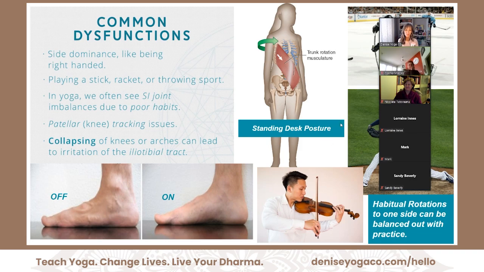Okay, I wanted to just talk about this picture a little bit. So I'm right-handed, and if I work at a standing desk, even if my keyboard is straight in front of me, I tend to still roll my right shoulder forward a little bit. So again, I'm activating that spiral pattern, because I'm right-handed.